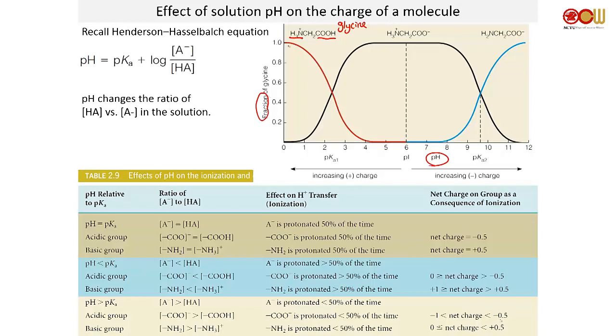So at the very beginning, when pH is equal to 0, you have essentially 100% glycine protonated on both ionizable groups. So it's going to be positive charge 1, right? And as you start to add OH minus, you can see how the species of your glycine starts to change.